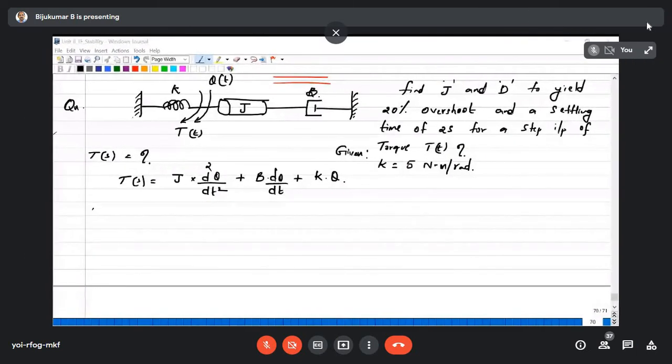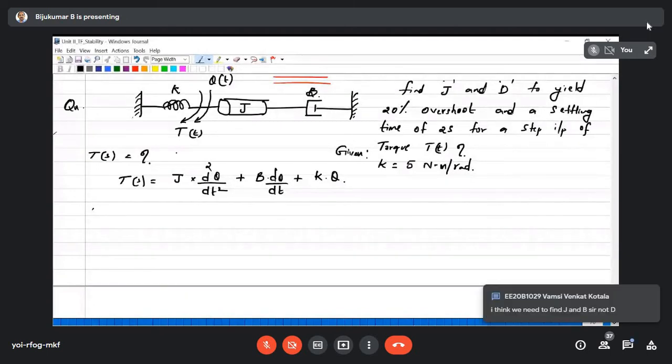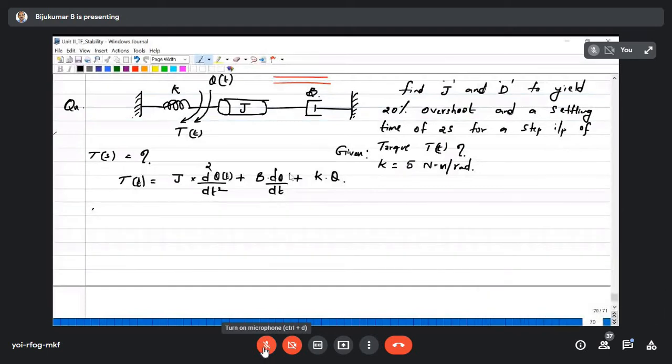So, in order to get this value, first of all, we need to derive the transfer function of the system, right? So, this will be T of t equals J theta double dot plus B theta dot plus K theta.